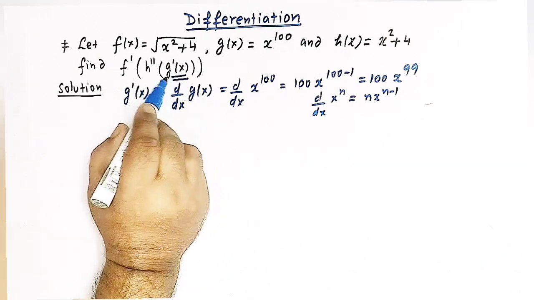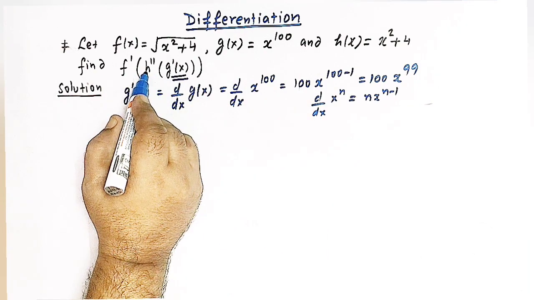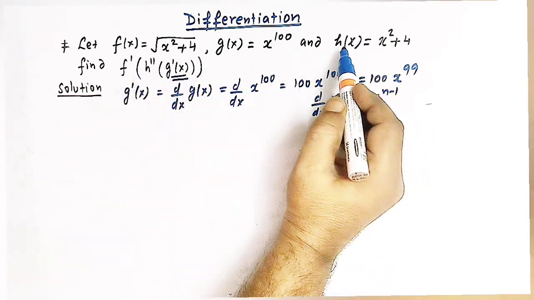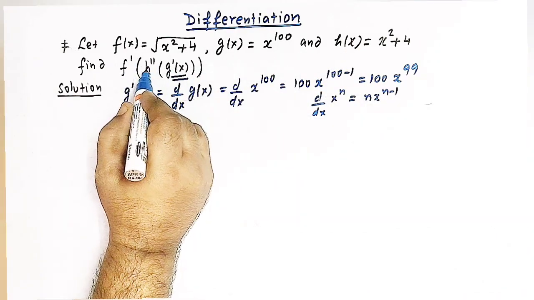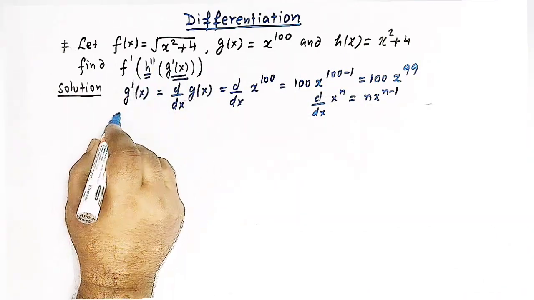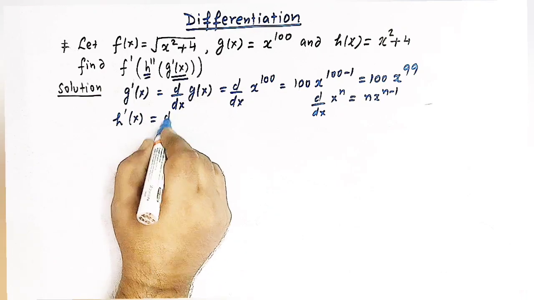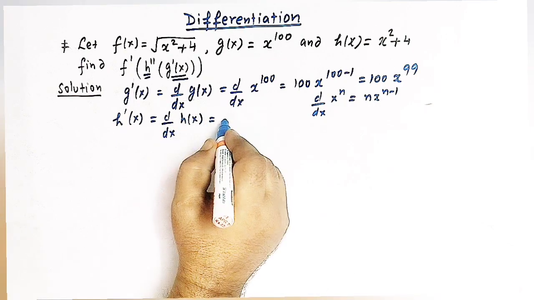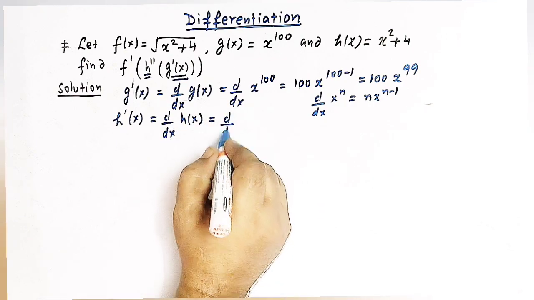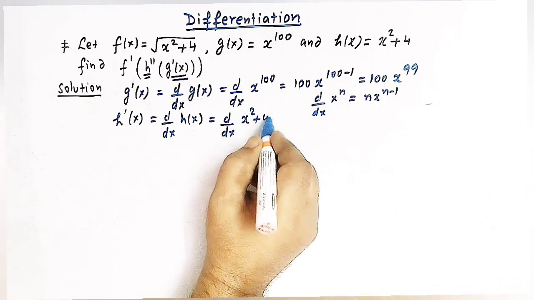Okay, so once we have got g prime of x, let us find the second derivative of h of x, because here we have h double prime. So h prime of x is equal to d by dx of h of x, which is d by dx of x square plus 4.